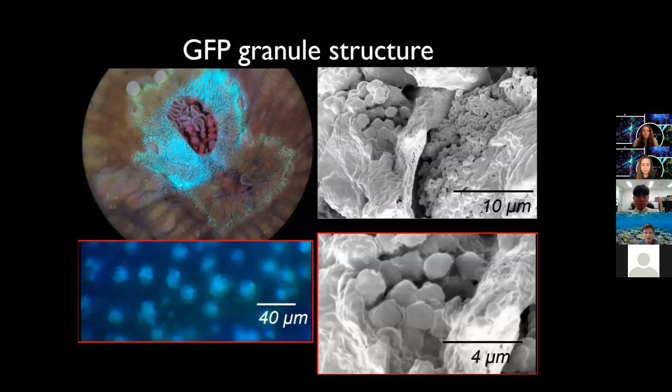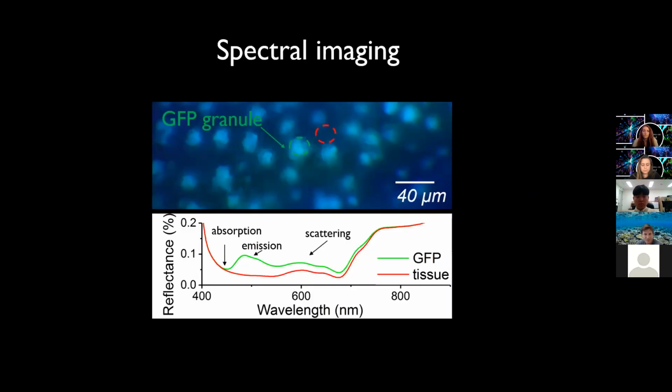We've looked into this in a bit more detail, looking at the granule structure. Here, if you shine blue light on it, you can nicely visualize them. If you do some spectral imaging on it, you can see this. Here in green is where the granule is, and in red, that's the background tissue. You see the absorption, of course, but then you can see this nice green emission.